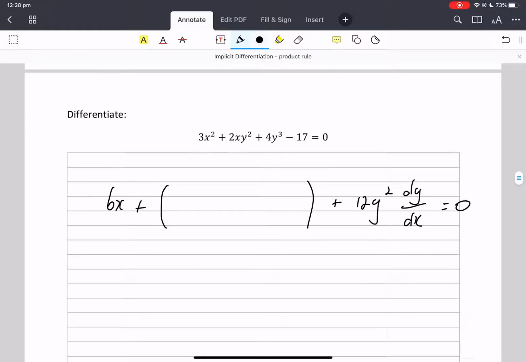So I guess I can squeeze it up here. I'm thinking here, u is 2x and v is y squared. u dash is 2, v dash is 2y dy dx. So the rule, v u dash plus u v dash.